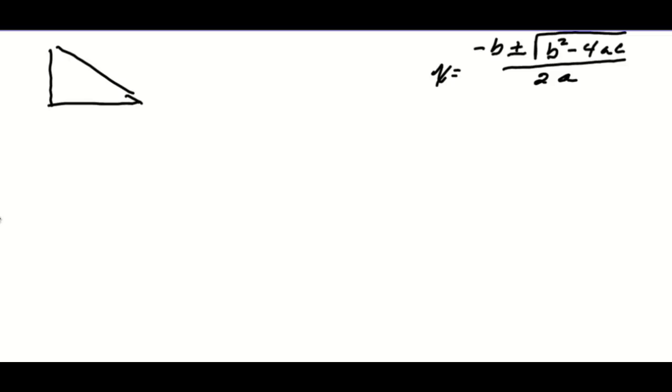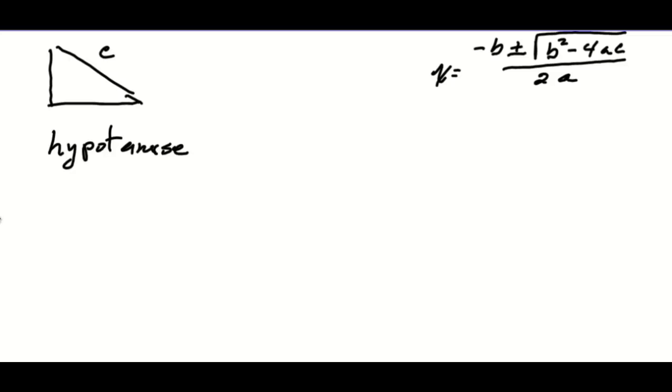And the hypotenuse is right here. That's side C. The hypotenuse of the right triangle is 6 centimeters longer than the shorter leg.